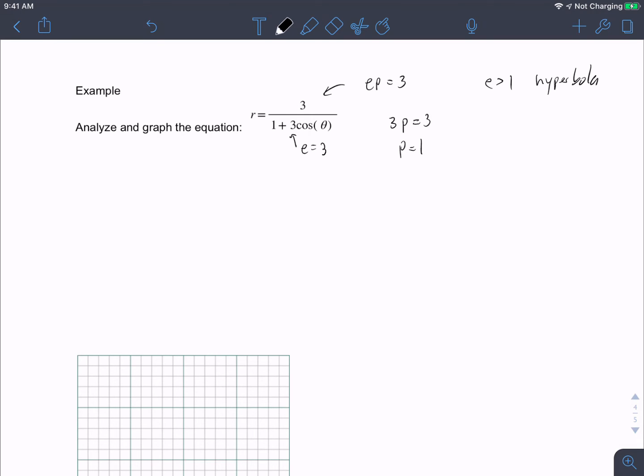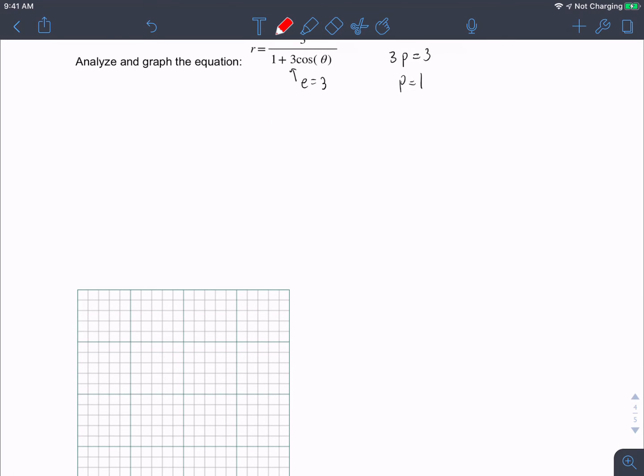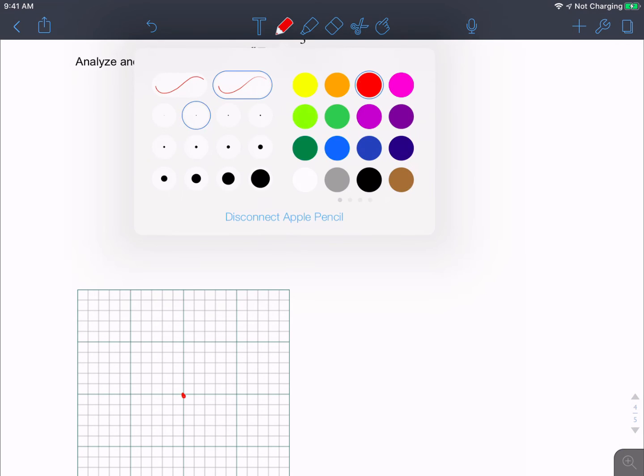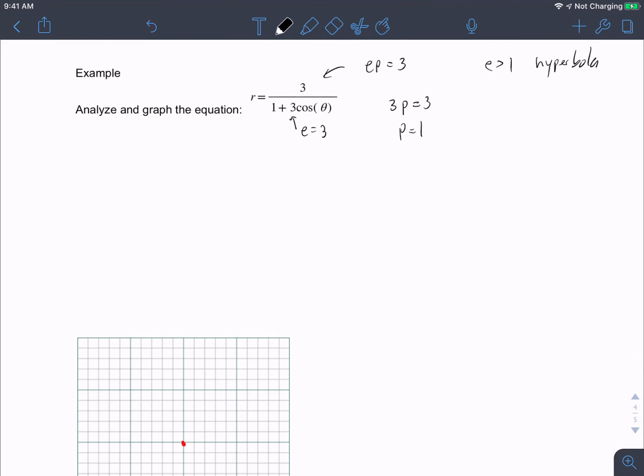And so we're going to try to find information for this problem again. Now, again, the pole is the focus. And so since the pole is the focus, we're going to have to go ahead and find some information. And so let's do that.